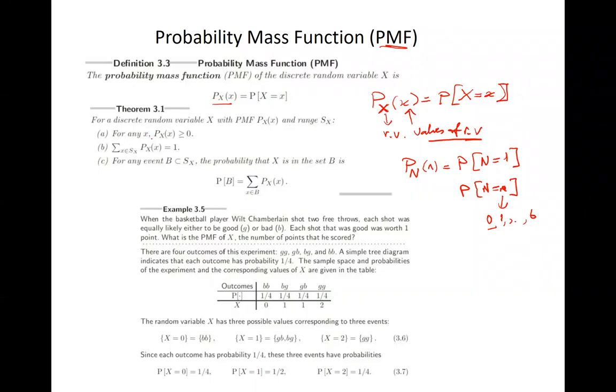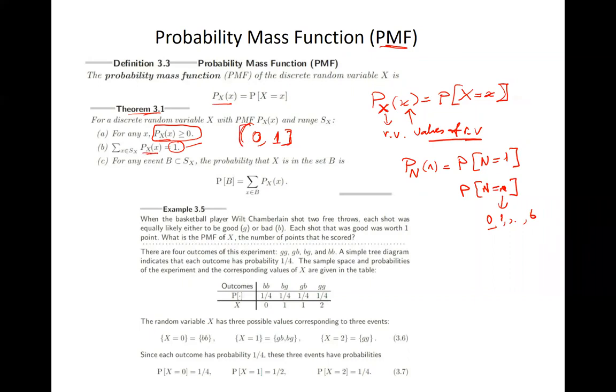Okay, so here we see some of the properties of the probability mass function. It is a non-negative function. The minimum value is 0 and it goes up to 1. So it's a function whose values will be between 0 and 1.